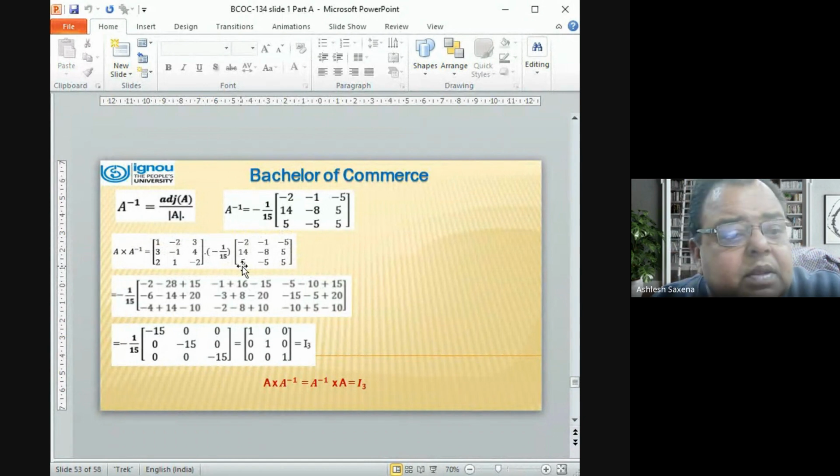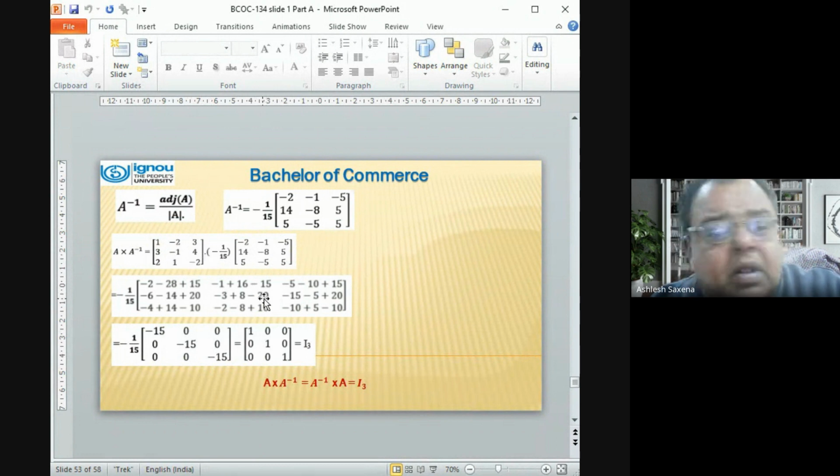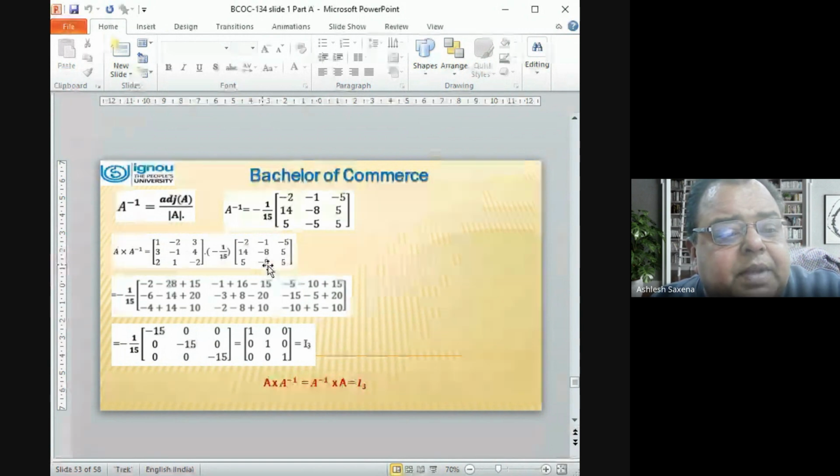Similarly, second row, second column. Minus 3, plus 8, minus 20. Third one, second row, third column. Minus 15, minus 5, plus 20. Here it is.